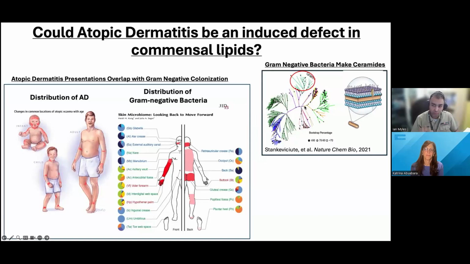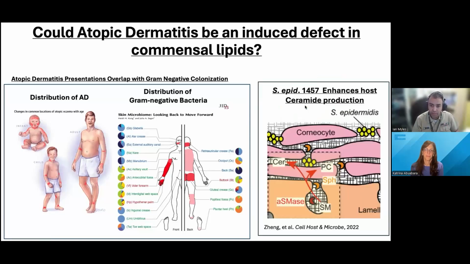So that's kind of speaking to the fact that, all right, a lot of your bacteria on your skin can make these lipids. The few that don't make these lipids, like Staph epi, actually make sphingomyelinases, which enhance host production of ceramides and sphingolipids. So this is speaking to the possibility that, boy, it sure looks like the skin microbiome is providing the very things that predict whether or not you go on to develop atopic dermatitis.